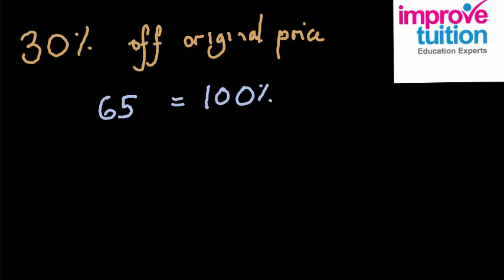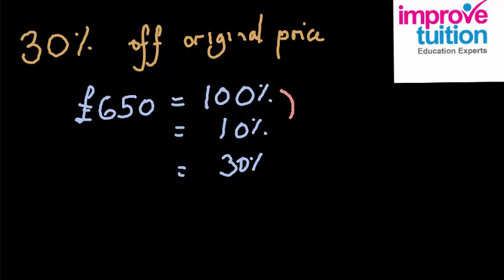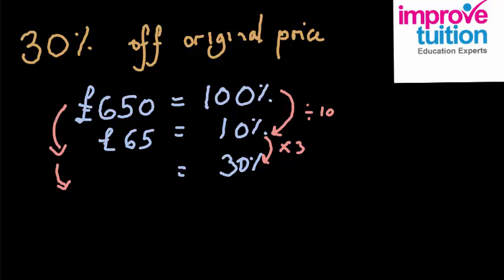10% would be £65. So what we're doing here is we're working out 10% to get to 30%. So we've done 650 divided by 10, which is £65, and we times it by 3. £65 times 3 is 195.